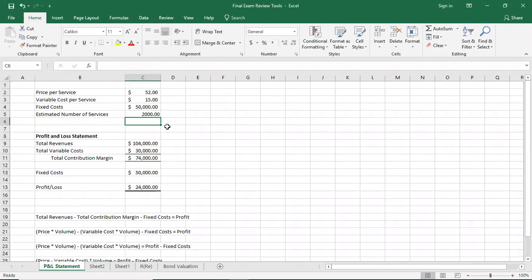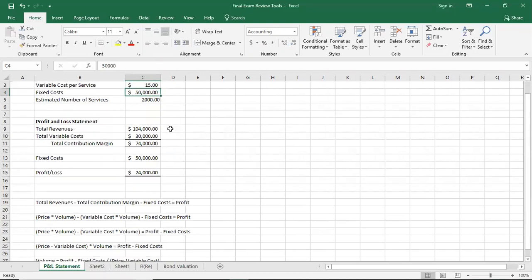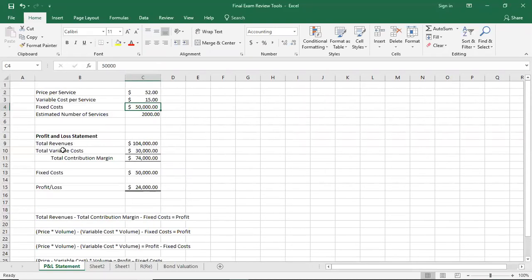Let's say we're estimating 2,000 patients. The price per service will be the one that's blank. That's what we're solving for. Then we have the variable costs per service, the fixed costs, and then we can plug it into the profit and loss statement, the total revenues.